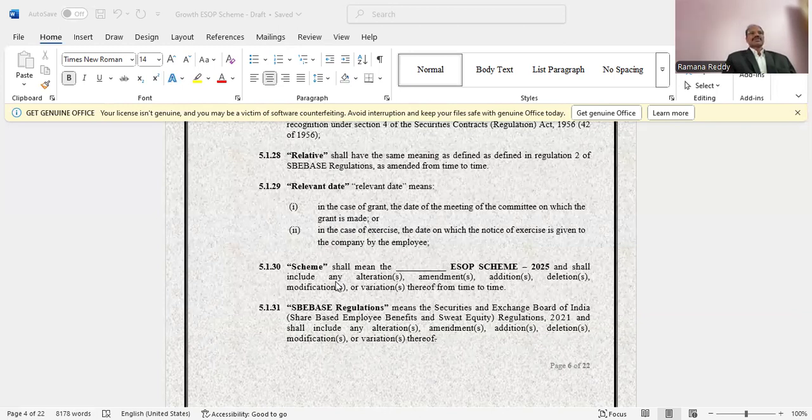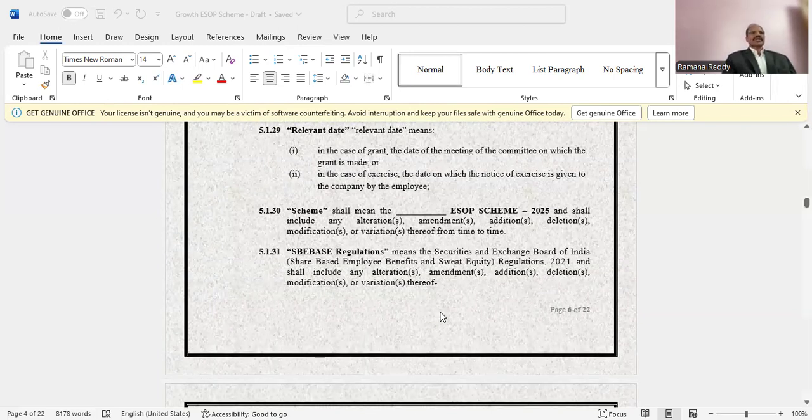What is the scheme? Scheme shall mean dash ESOP scheme. In the dash, we can give any name or write the company name. Dash ESOP Scheme 2025, and it shall include any alterations, amendments, additions, deletions, modifications, or variations from time to time.